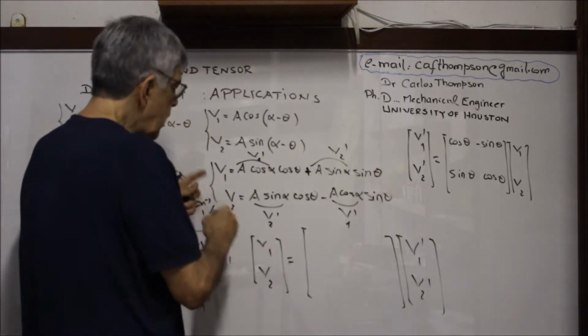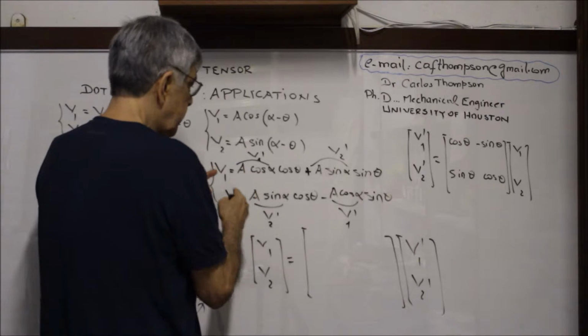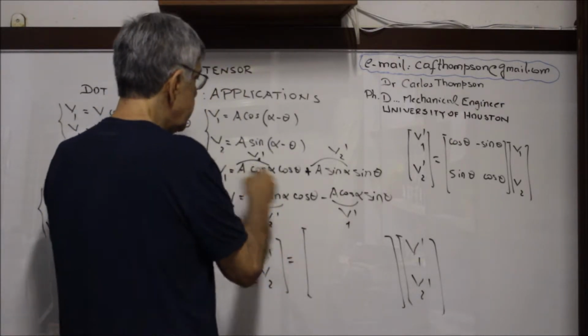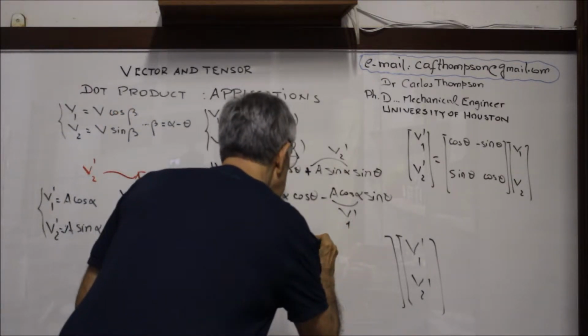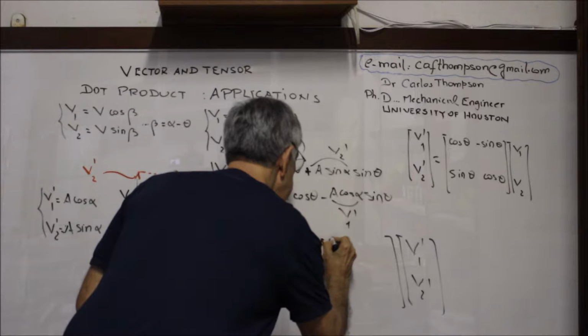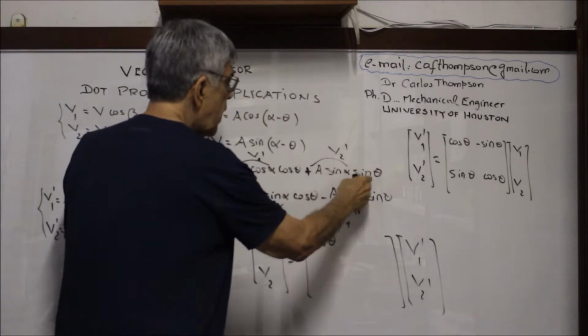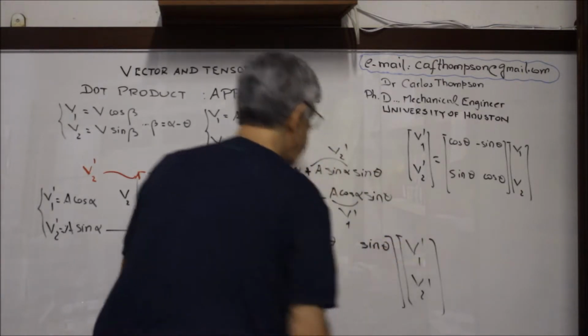Now, you see the first row, this will be here. We have here V1 prime cosine theta, so cosine theta, plus V2 prime sine theta, so this is sine theta.